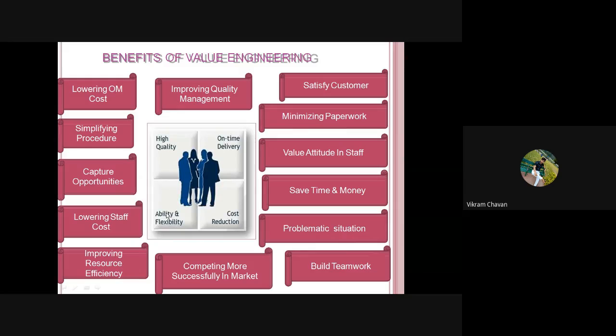Next one, lowering staff cost. Improving resource efficiency.